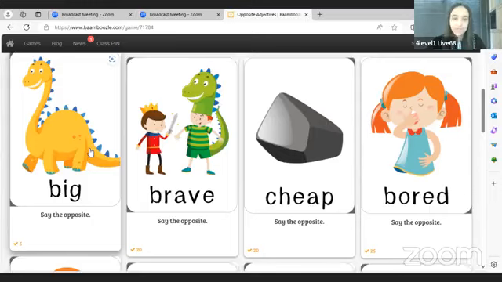I think you already saw it in the first three pictures. Hiba, afraid. Thank you, ya Hiba. Is afraid the opposite of the word brave? What do you think?